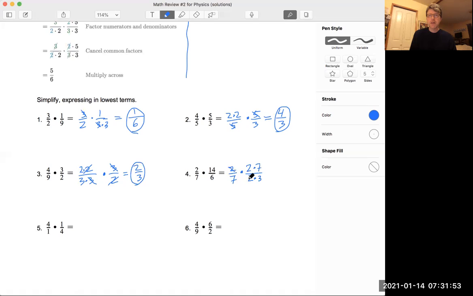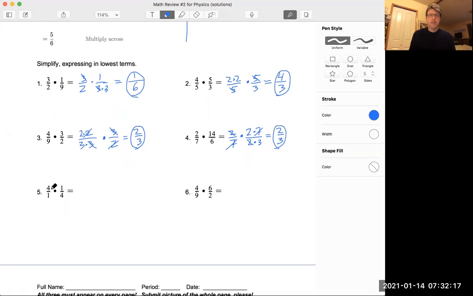That 2 on the top and the 2 down there. We could have canceled the other 2, it doesn't matter which one. And how about the 7 here and the 7 here? 7/7. And so then we have, the answer looks like it's again 2/3. How about that? Hey, we're getting through this no problem.